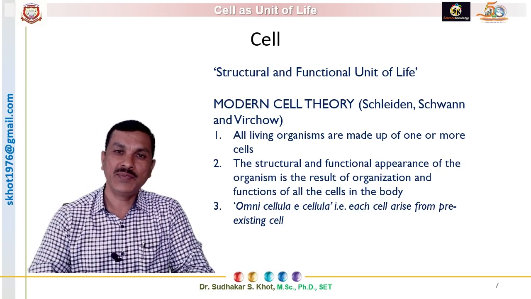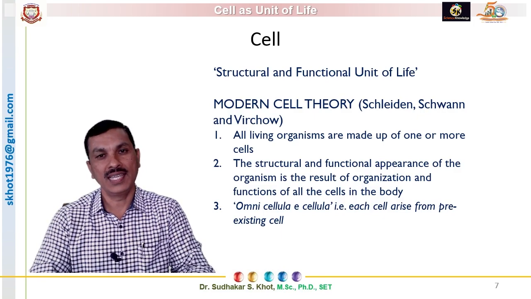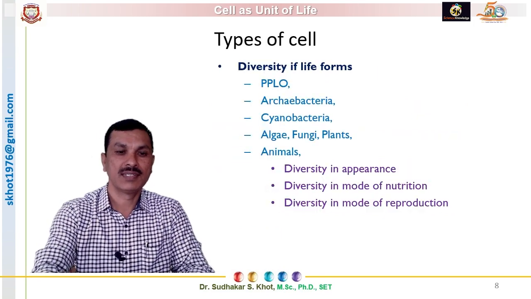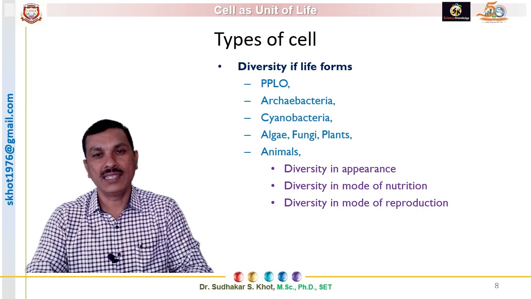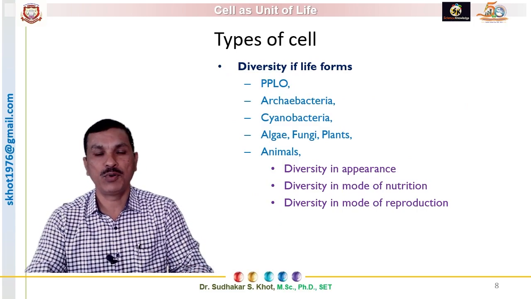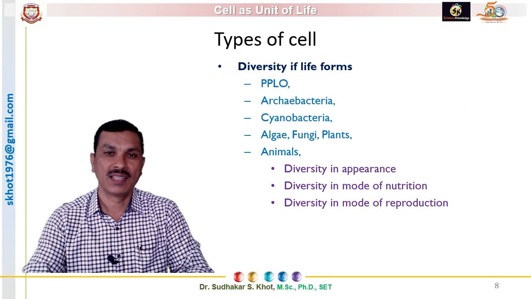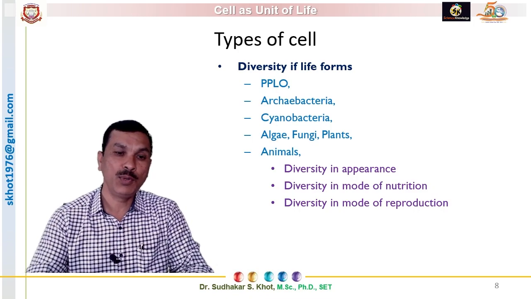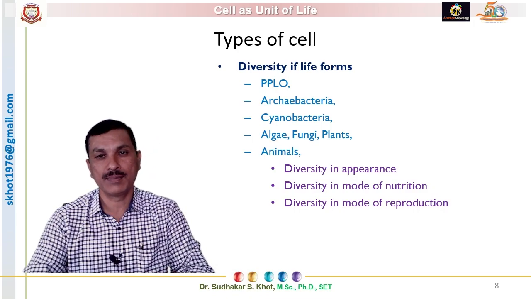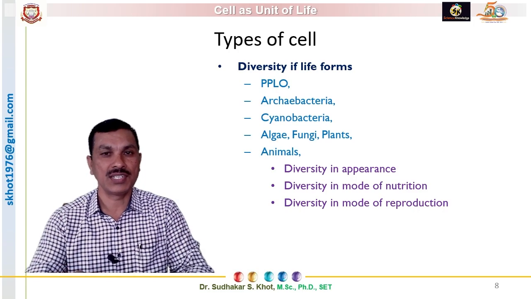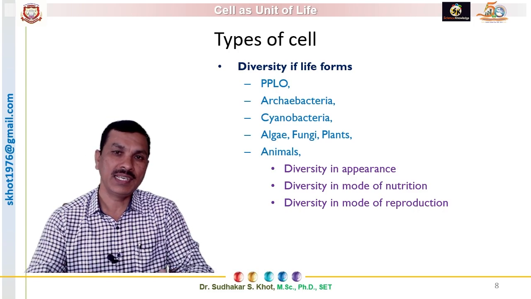Now the question is whether all the cells are of the same kind. We can see a wide diversity in the life forms. We have organisms like pleuropneumonia-like organisms. They can change their shape. They are never stable in their forms.